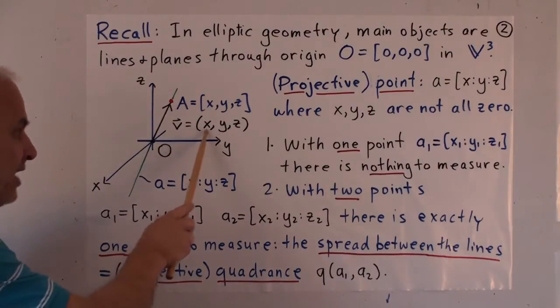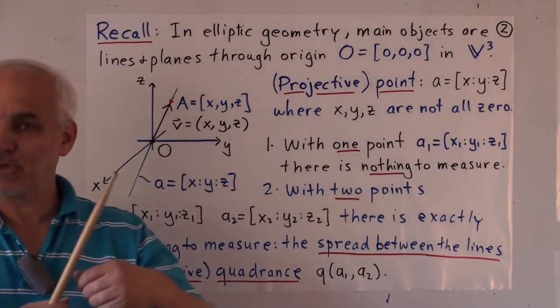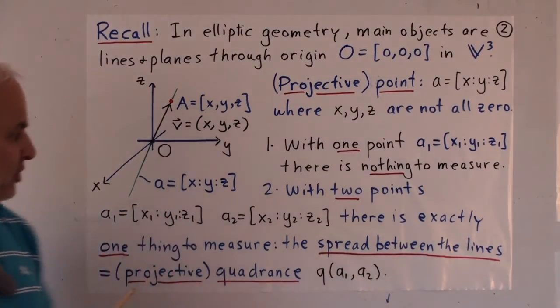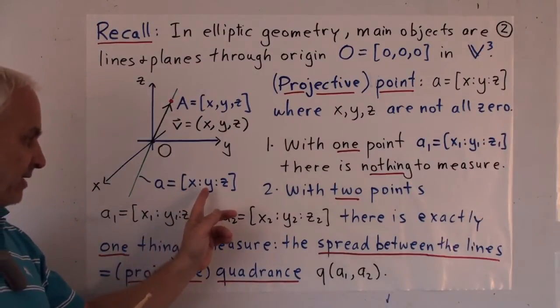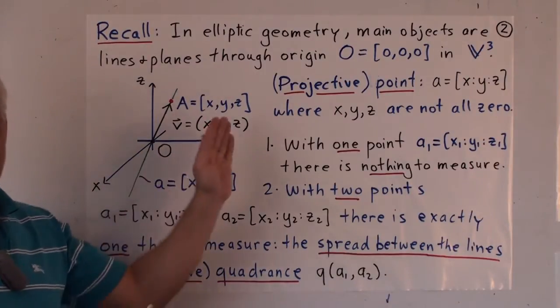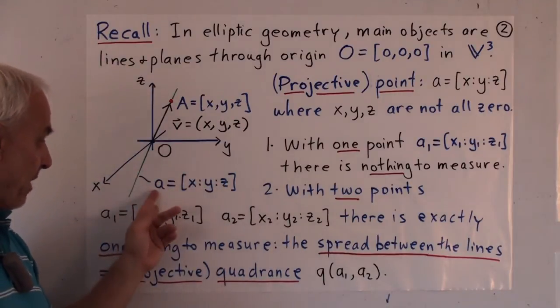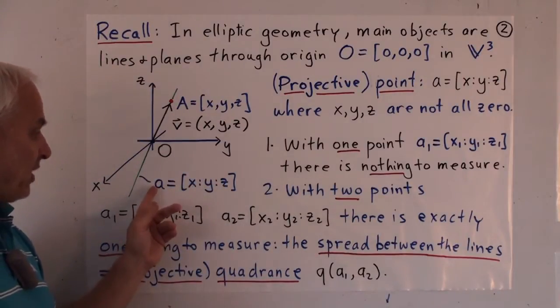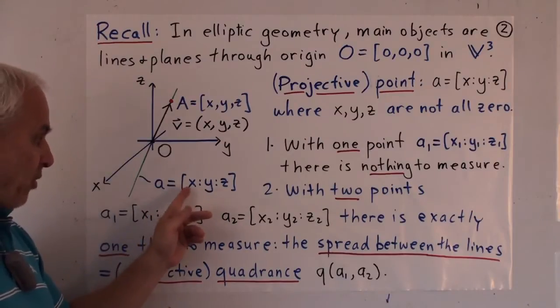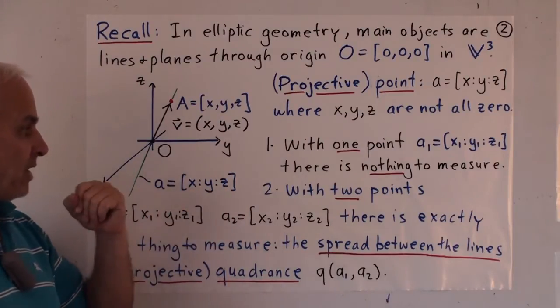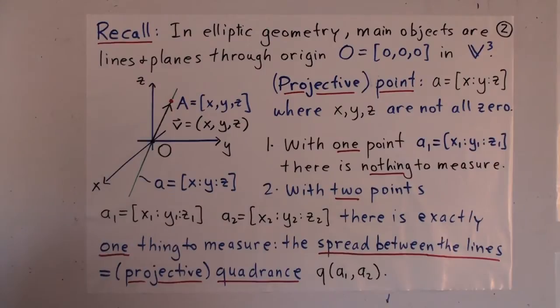It really only depends on these three numbers up to a multiple, so it's really the proportion x to y to z that specifies that line. And so we encode the information by calling the line A to be the proportion x to y to z enclosed in square brackets.